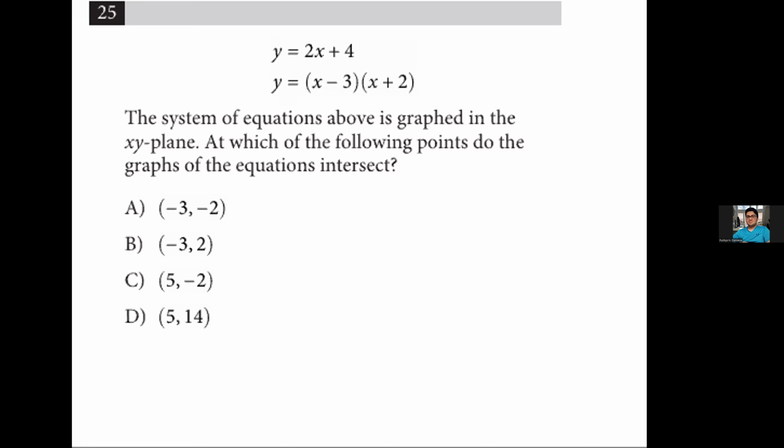Okay, so question 25. I would highly recommend just using your calculator and graphing these two. In this case, if you would graph 2x plus 4, we would get a line like this.